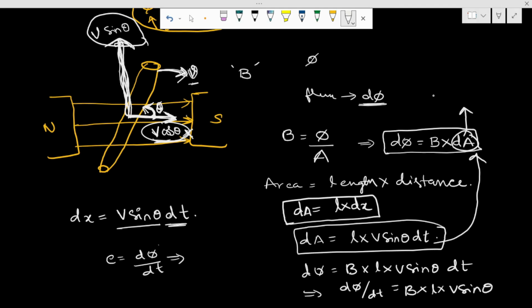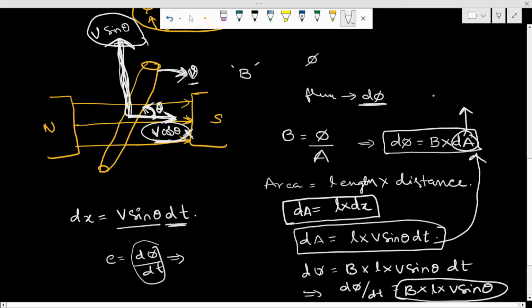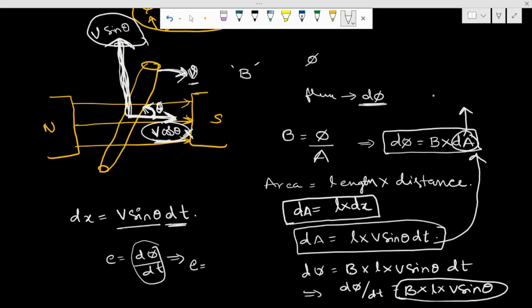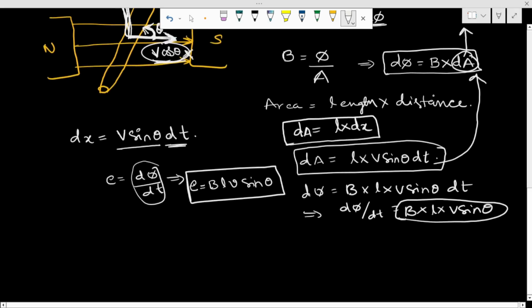Therefore the dynamically induced EMF is E equals B L V sin theta. This is the formula.